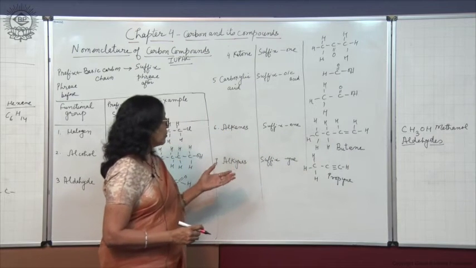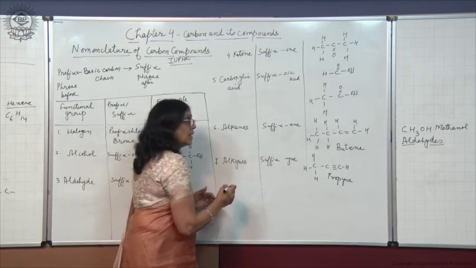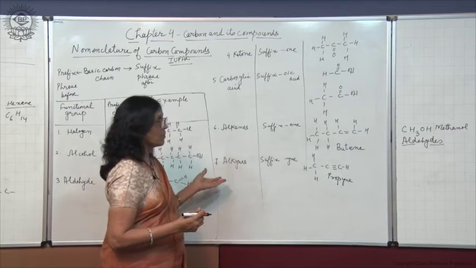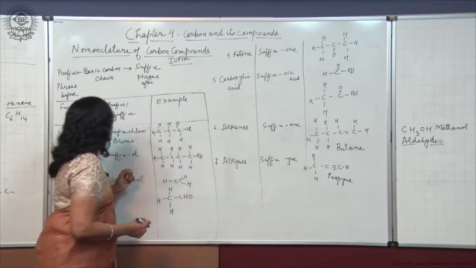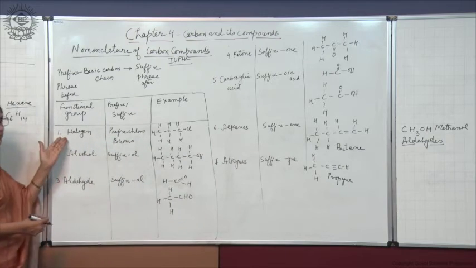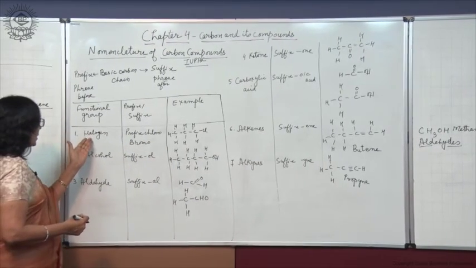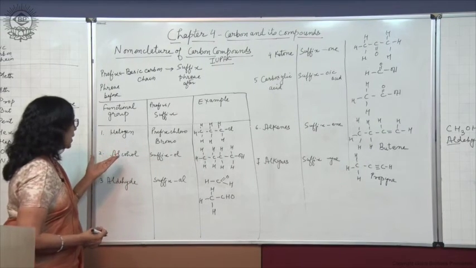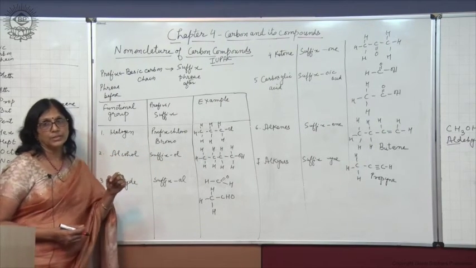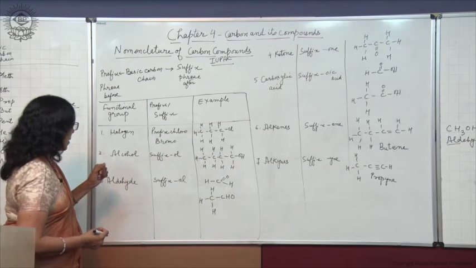So, we know about alkanes, alkenes and alkynes, and let us study the other functional groups, like halogens. Halogens, as all of you know, are fluorine, chlorine, bromine and iodine, which replace the hydrogen atoms in the carbon compound.